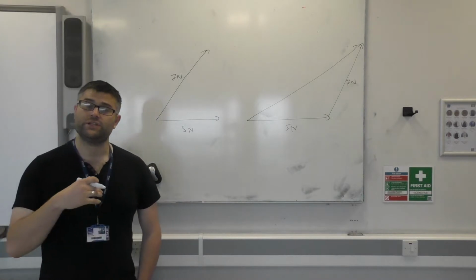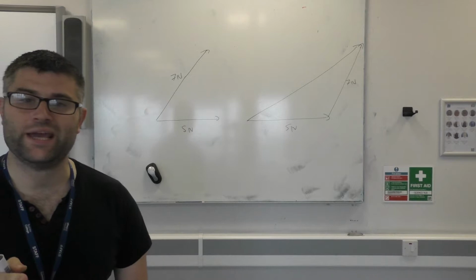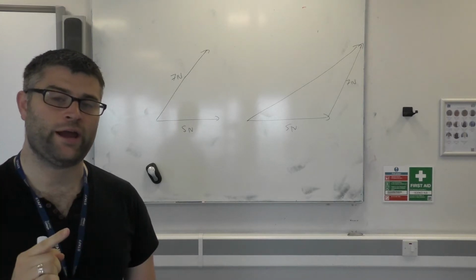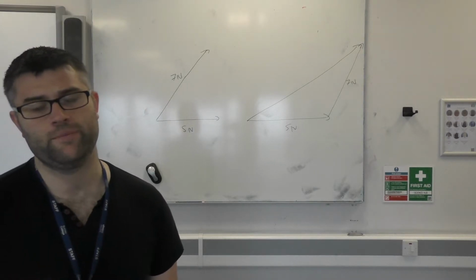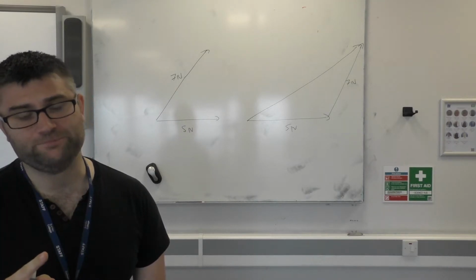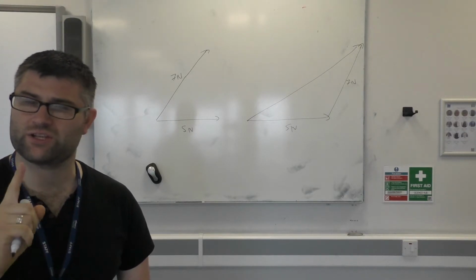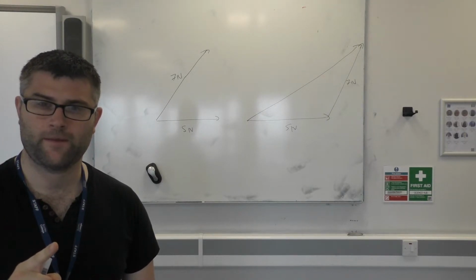Okay? Now our result is the combination of those two. Now, what I've shown you here is actually the easiest way of approaching these, in my opinion. Scale drawings make these dead easy. However, you do need to be careful because there's something that's missing here.